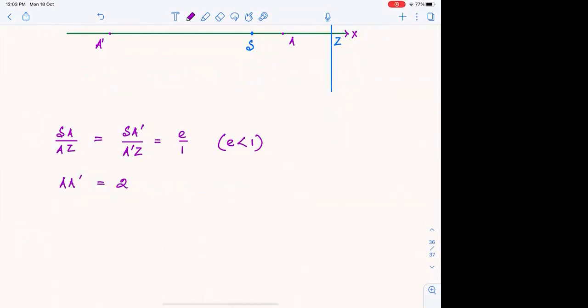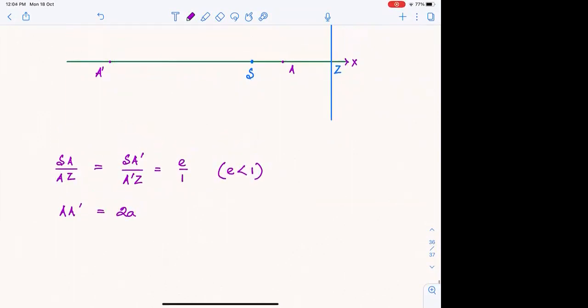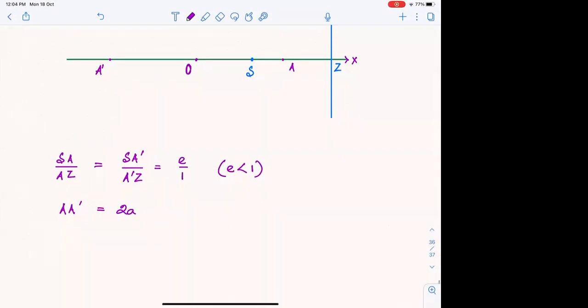Now, A and A dash, this distance we have marked as 2a, and the point of symmetry of the ellipse must be the midpoint of AA dash. So we should get it at this position, and it has been marked as the origin. Our target is to have the center at the origin. So AA dash is 2a, and the midpoint of AA dash, which is supposed to be the center, is the origin.